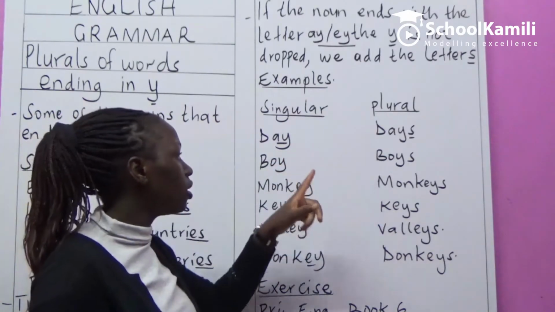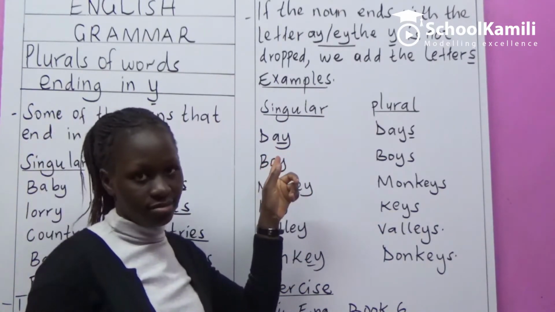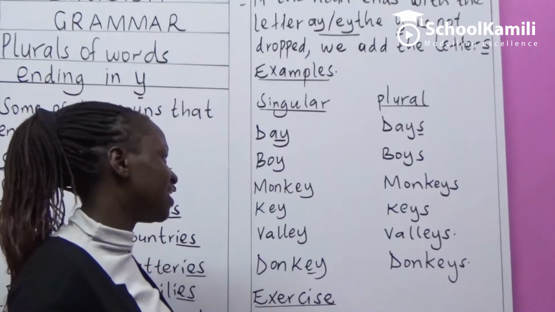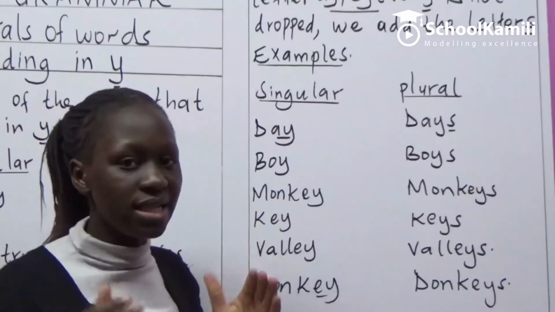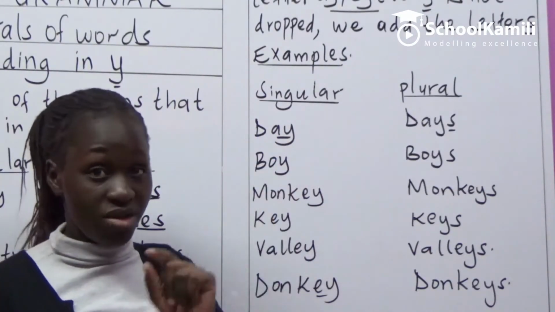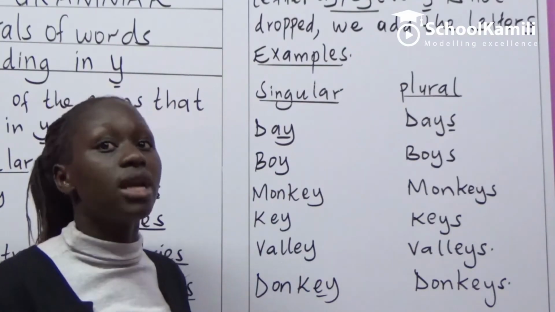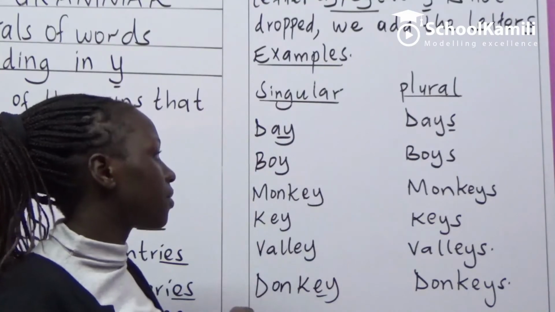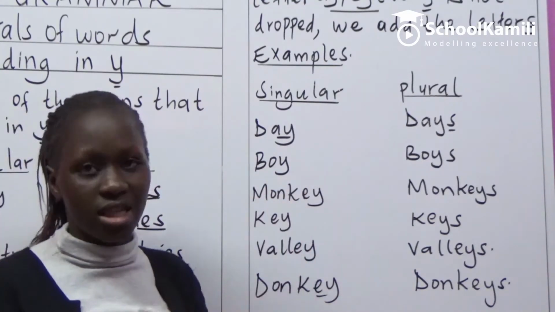Singular and plural. So we have day. There are 7 days in a week. 1 day, D-A-Y. As you can see, it ends with A-Y. The last two letters, AY, what happens? You don't struggle.